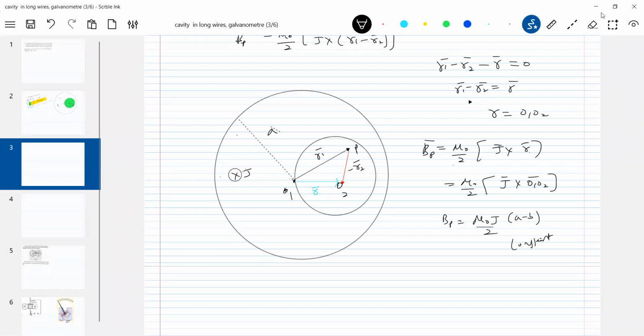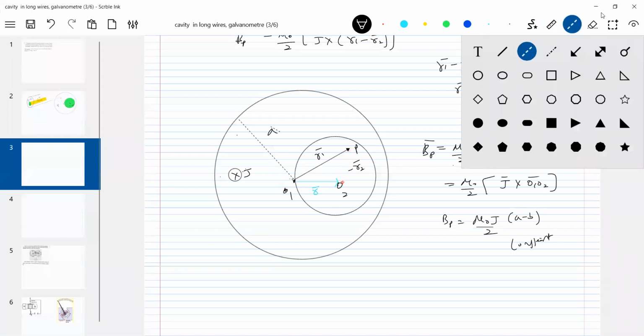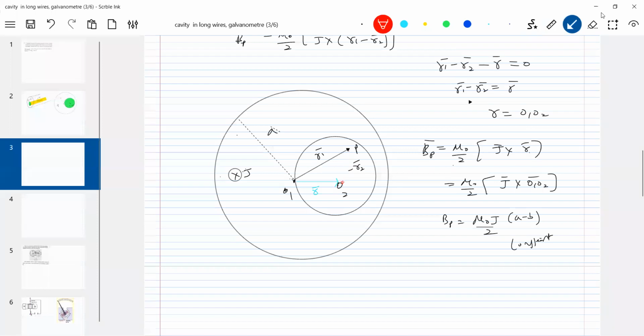So what is the direction of the magnetic field? Shall I put negative y-axis? The direction should be vertically down. Okay, fine. So it should be vertically down.